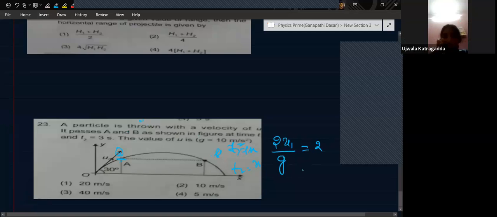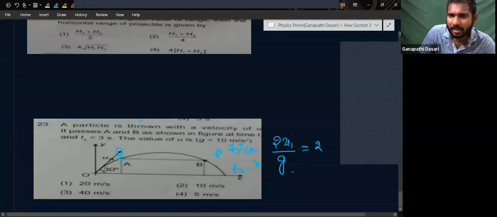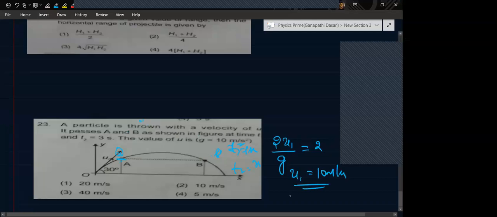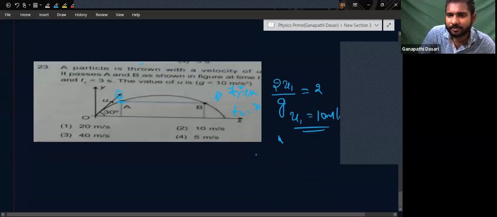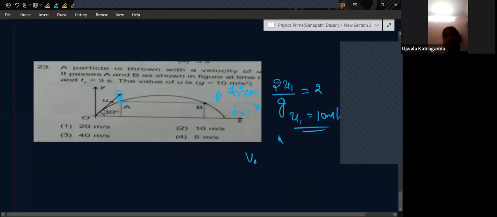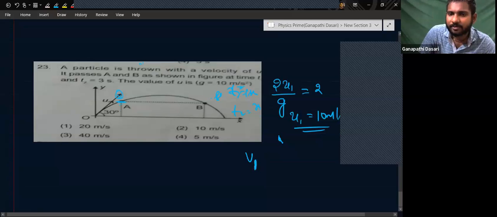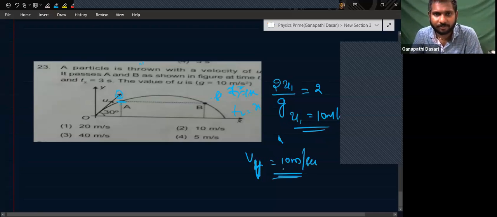So u1 is 10 meter per second. That is the vertical velocity at that point, Vy equal to 10 meter per second at that point A.